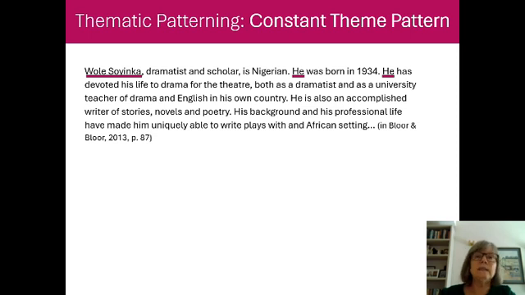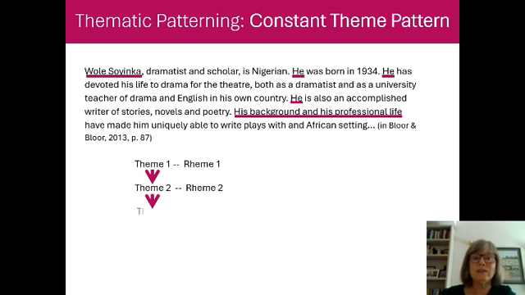Then we have he, his background and his professional life, right? So what we see happening here is, right, we have a theme of a clause, the first clause, same as the theme of the second clause, same as the theme of the third clause, which is the same as the theme of the fourth clause. And that's what's called the constant theme pattern.